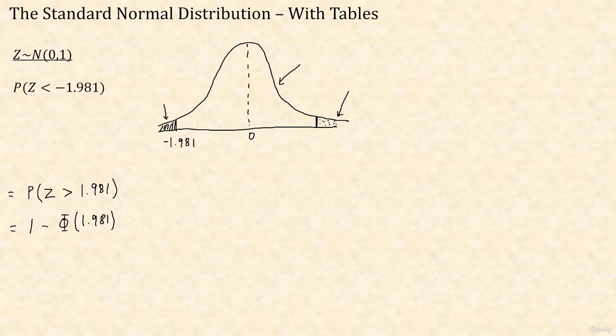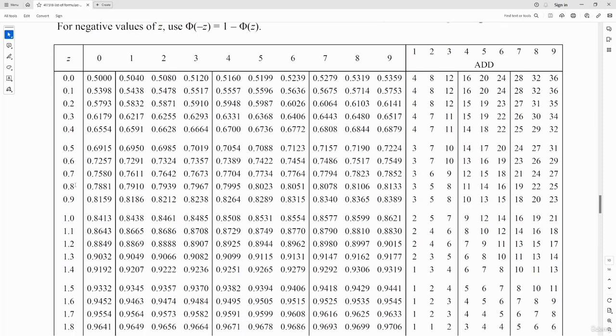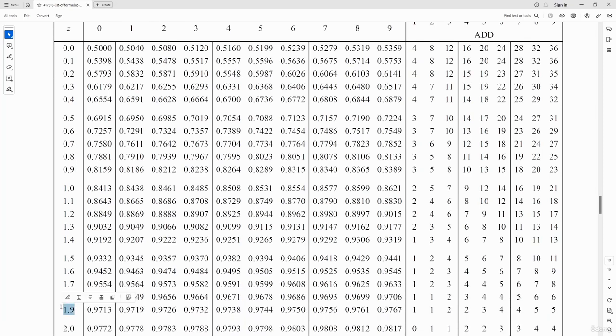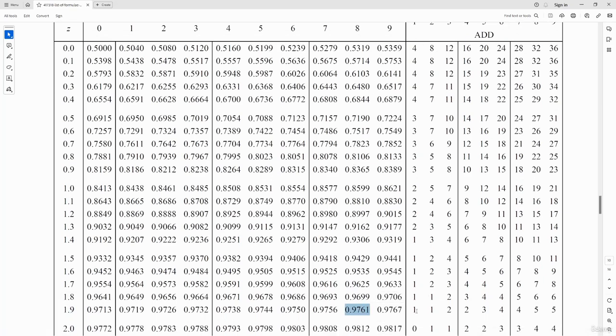So let's go ahead and work out what phi of 1.981 is. I start with 1.9. I then find column 8, and it's 0.9761. I add a 1, in this case it is just 1, to this.